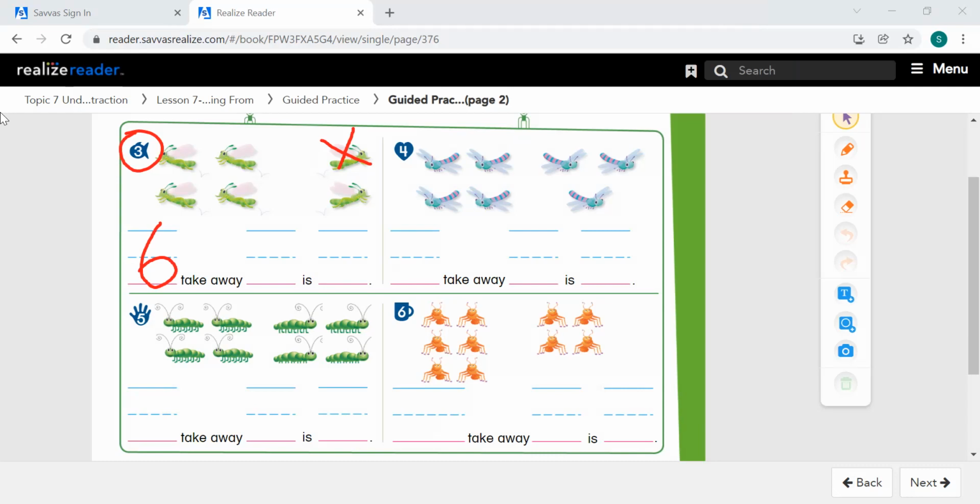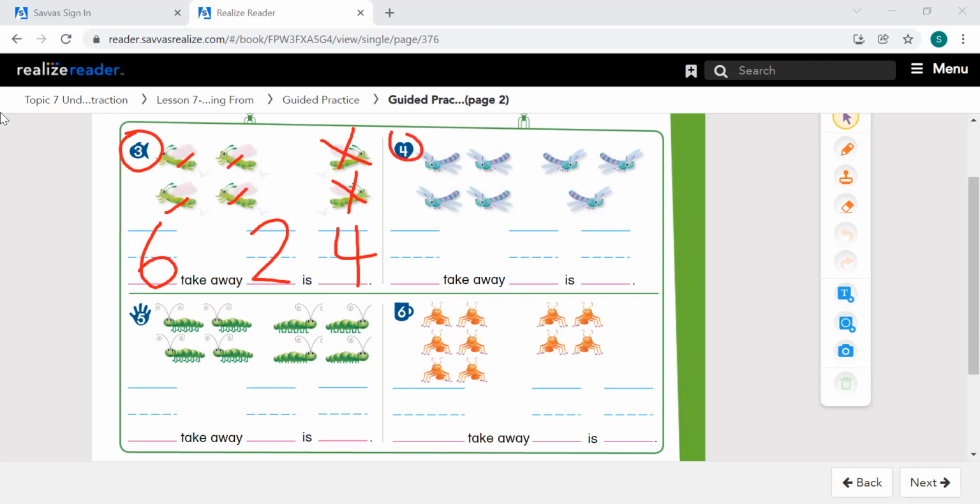So let's mark X's on the ones that hop away. And let's write 2 here because they hopped away. So 6 take away 2 is, let's count how many are still here. 1, 2, 3, 4. So 6 take away 2 is 4.